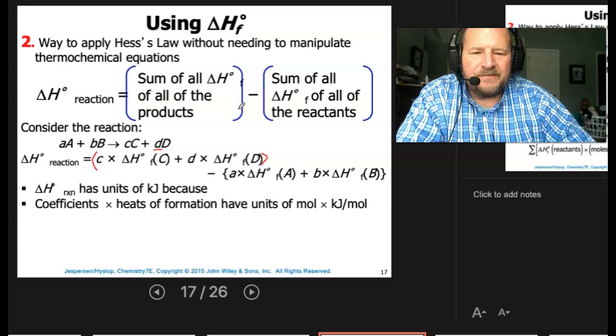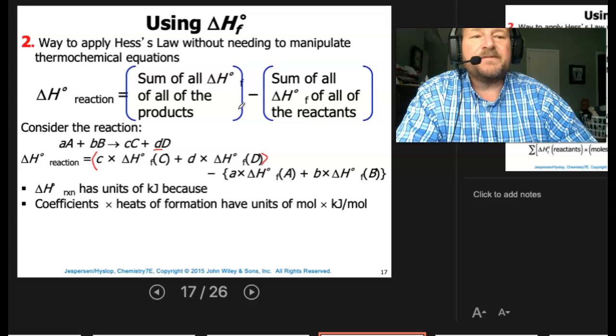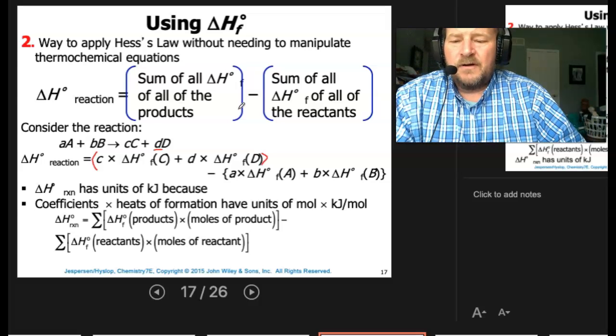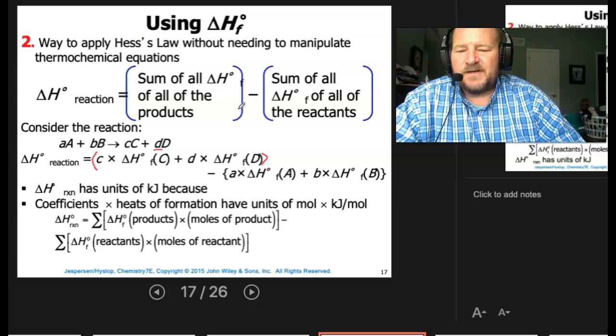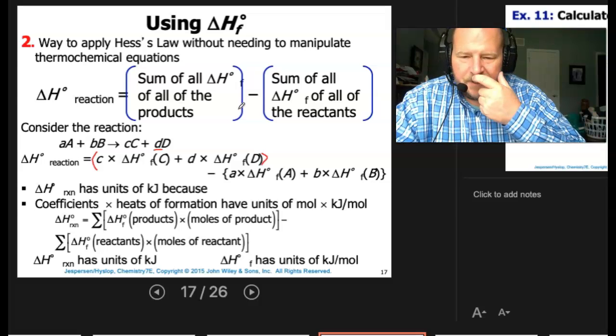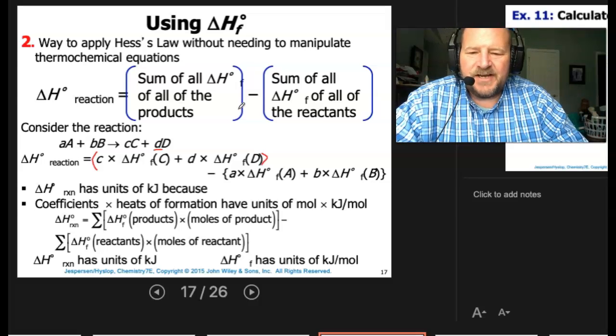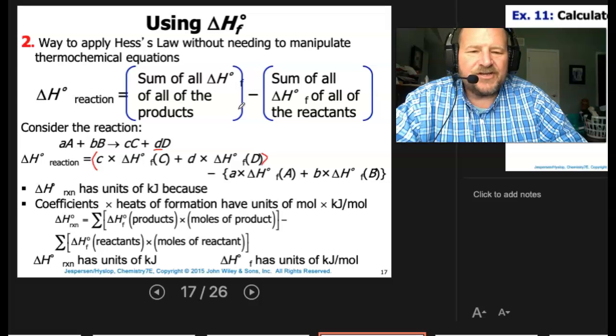So when we multiply by the coefficient, that would be 3 moles times that many kilojoules per mole. All right, then all we have to do is sum it up for the products, sum it up for the reactants, and subtract the two. Delta H then has units of kJ. Delta H of formation has units of kJ per mole.